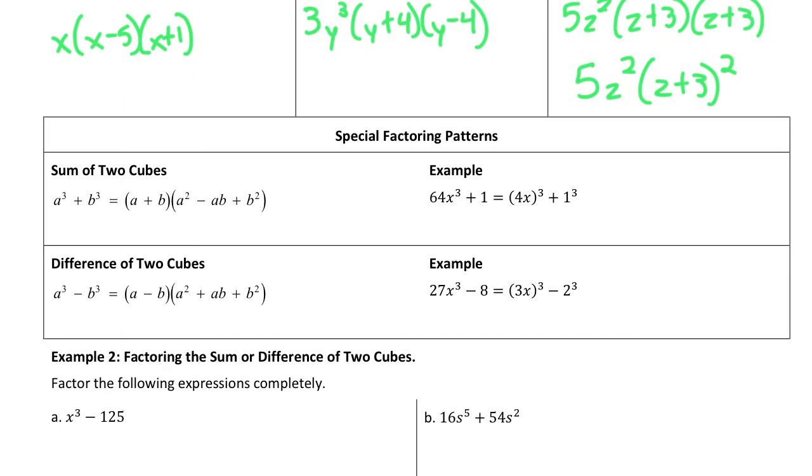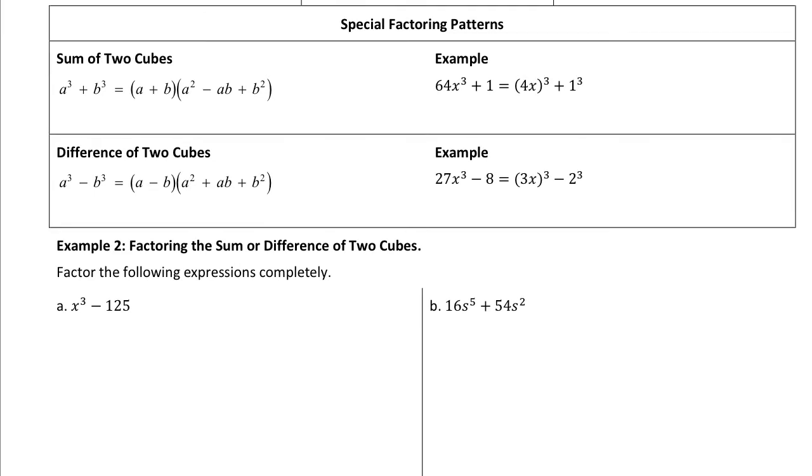Moving ahead, with this example I'm going to expect you to use your notes to reference these two things, because I don't expect you to memorize how to factor a sum of two cubes. I want you to know what a perfect cube is, just like you know what a perfect square is, but factoring a sum or difference of perfect cubes is going to be extremely rare. So reference this whenever you come across that.